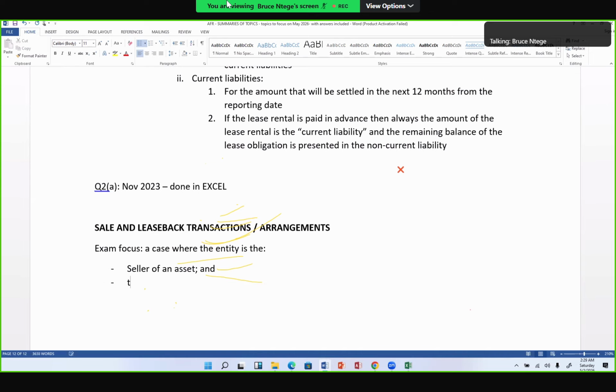And the same asset is leased back, usually immediately. So we're looking at the seller's books of accounts. Okay, so we're basically looking at the seller's financial statements. Hardly does the examiner examine it from the buyer's financial statements, looking at it from the person or the company that has sold and immediately leases back that asset.